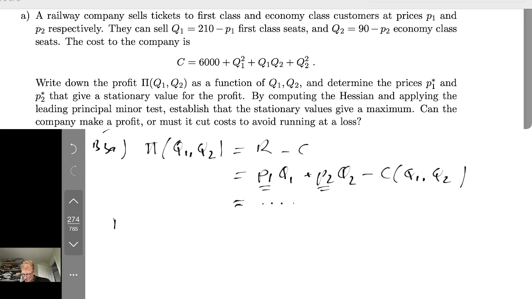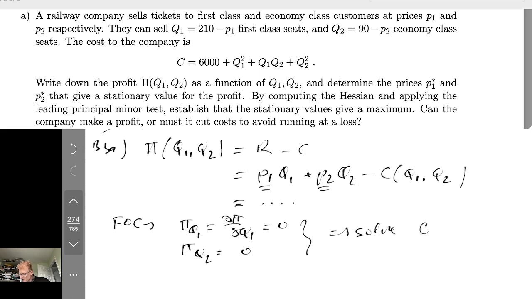Then we need to find the first order conditions. So now it's the partial derivative of pi with respect to Q1 is 0. Likewise, with respect to Q2 is 0. Then you solve these and you find Q1 star, Q2 star, the stationary points.